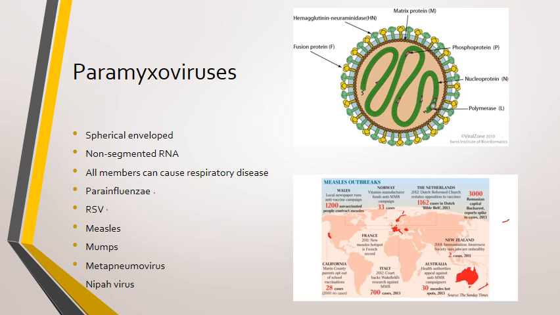In this map here, you can see that there was a measles outbreak in 2013 that occurred in Europe, the United States, Australia, and up here you can see in the Netherlands. You can see the number of cases that existed.